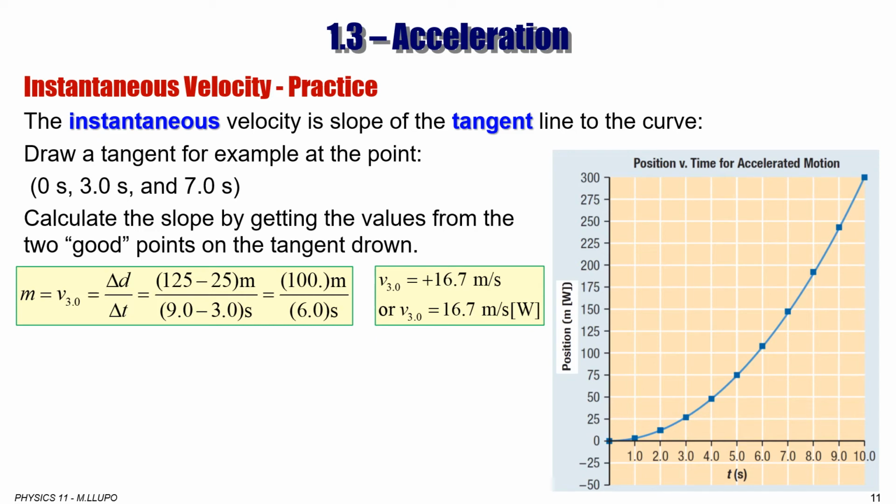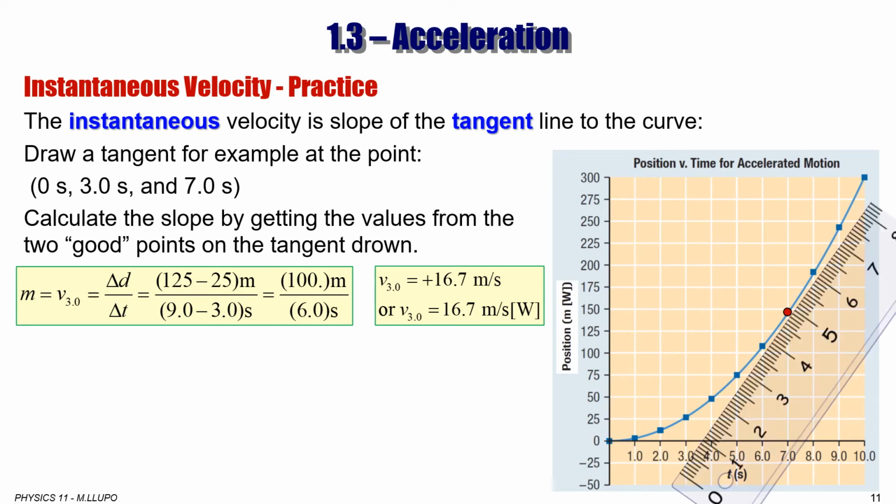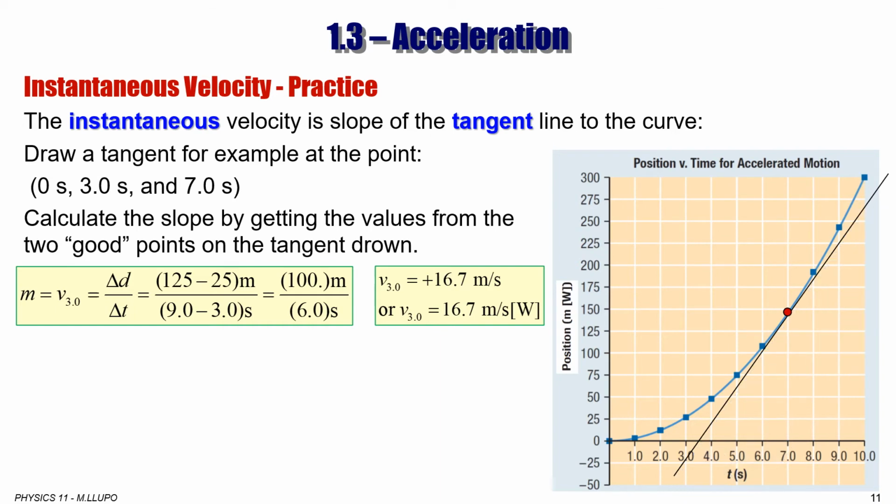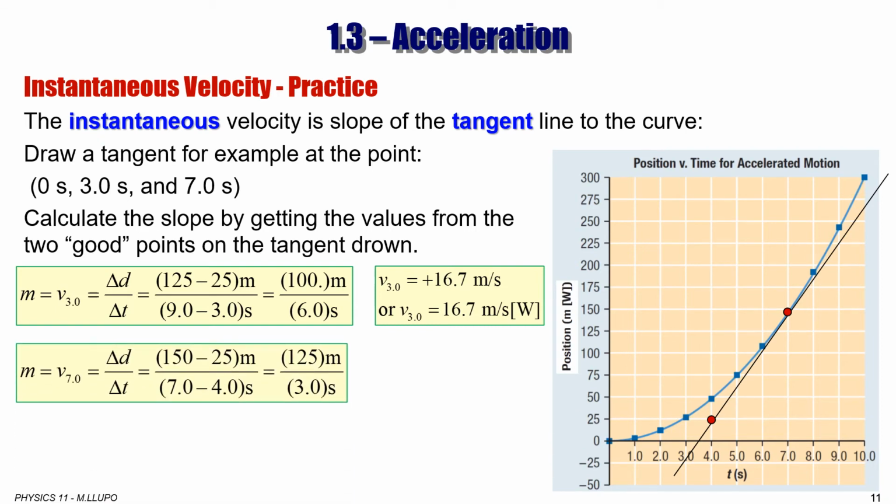So let's draw a tangent at 7 seconds. With a ruler, you draw a line that touches the curve at 1 point only. Then you look for a good point which you can easily read the value of from the graph, which is 4. You can clearly see that 4 corresponds with a value of 25. Then you do rise over run: 150 minus 25 over 7 minus 4.